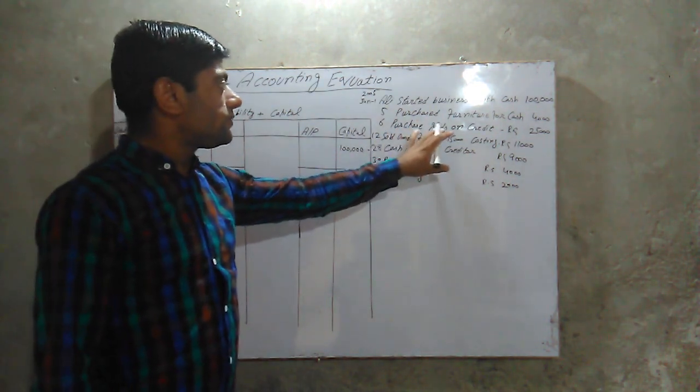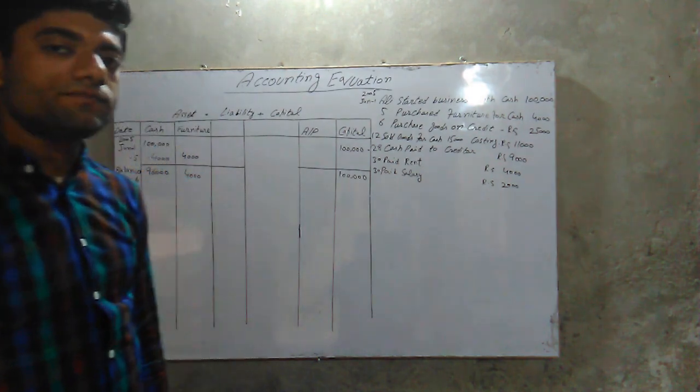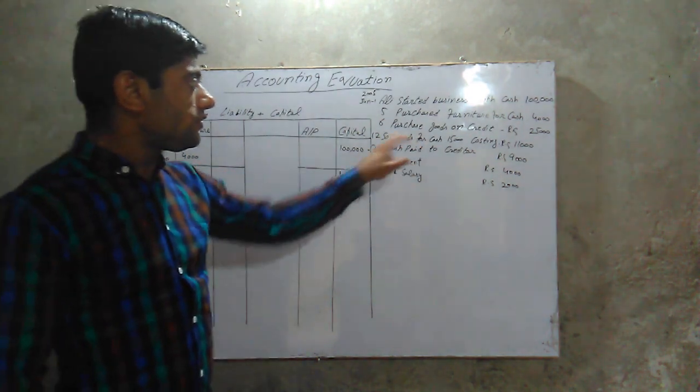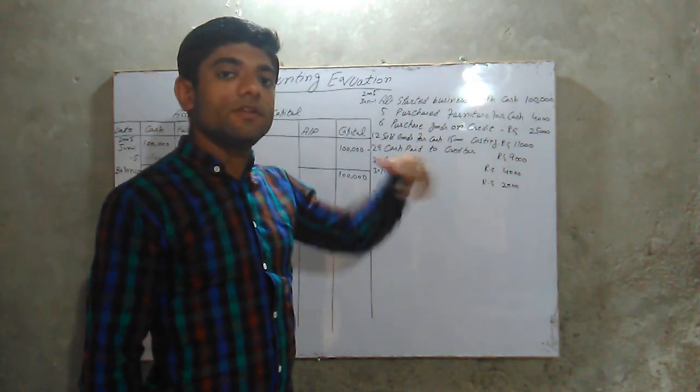Purchase goods on credit, Rs 25,000. Means he buys goods on credit. Goods increase and the other one, liability, also increases because it is on credit.